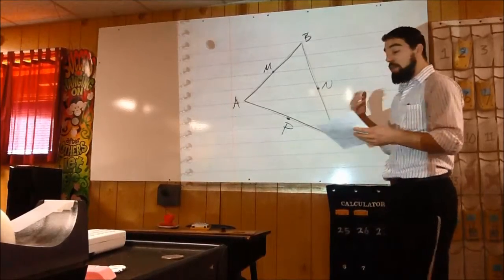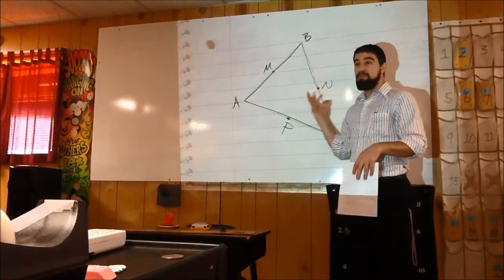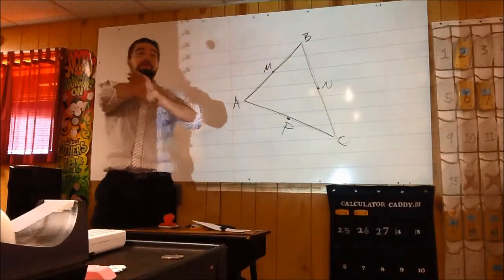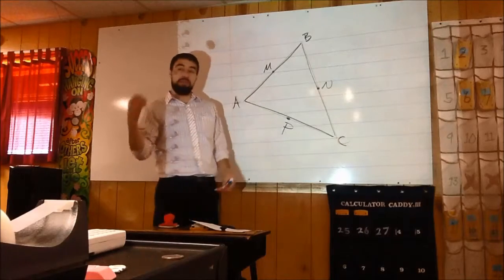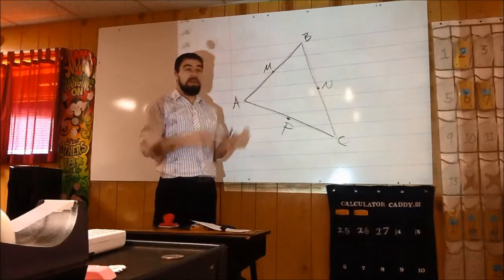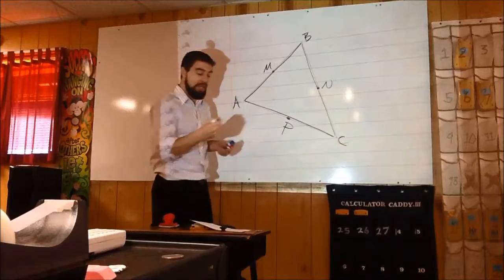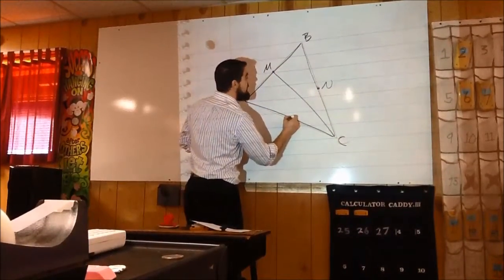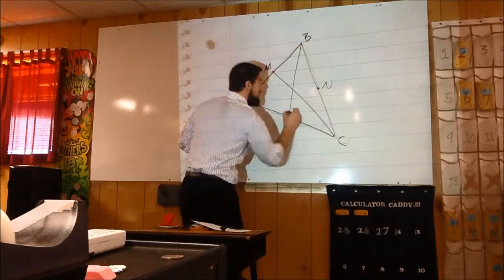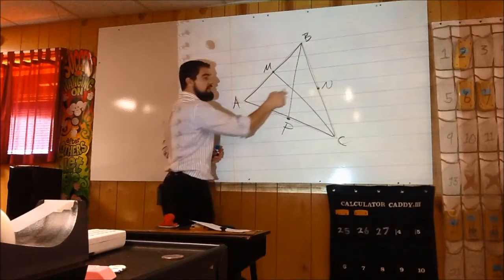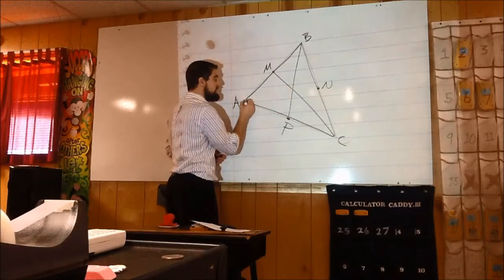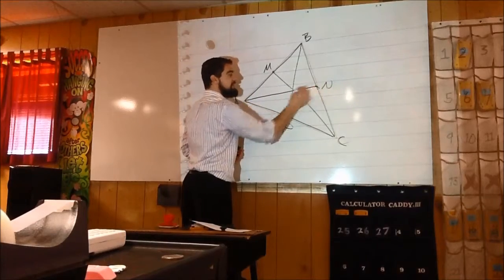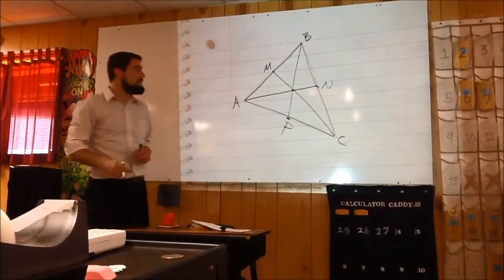So what I want us to do is go ahead and draw these medians in and locate our centroid for your triangle. Now, because these midpoints aren't extremely accurate, you're probably going to have to fudge your lines a little bit. If I draw my first one here and then my second one here, I know that my third one needs to intersect here too, so I'm probably going to have to move my midpoint up just a little bit so that it looks okay.